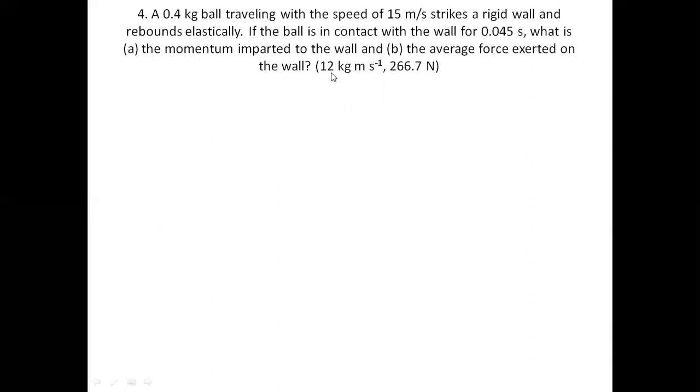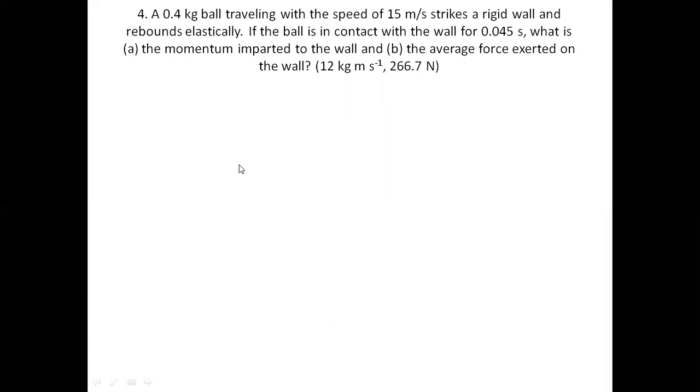The answers are 12 kilogram meter per second and 266.7 newtons. That means the momentum is 12 kilogram meter per second, and the average force is 266.7 newtons. Now let us calculate how this answer came into being.